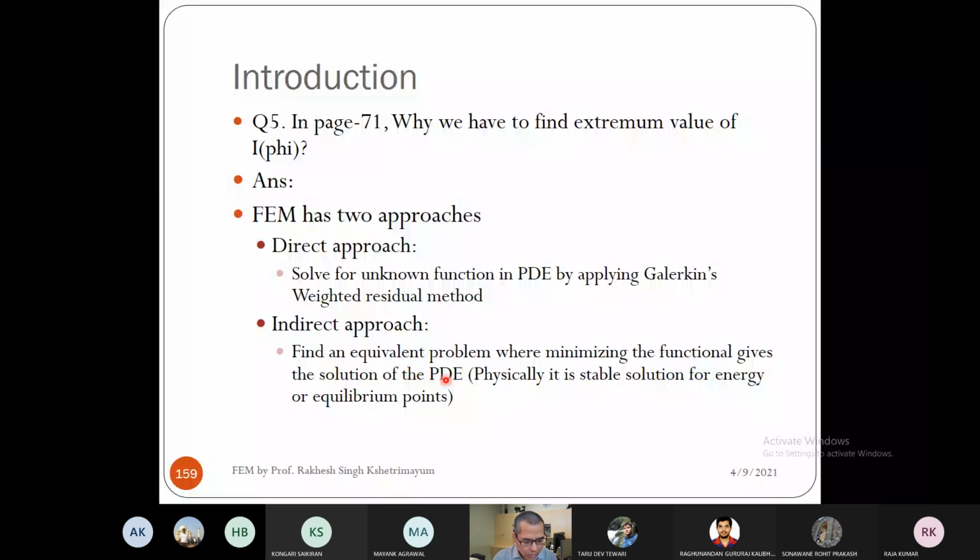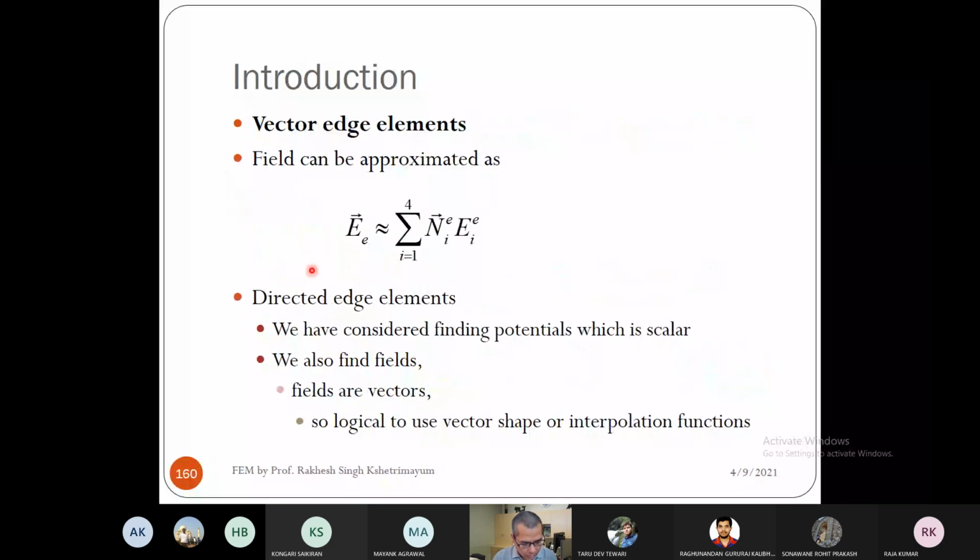Okay, so let's go to what we are going to discuss today. This is employing vector elements. Basically, we have so far considered finding potentials, which are scalar quantities, and for those we used interpolation or shape functions that are scalar.